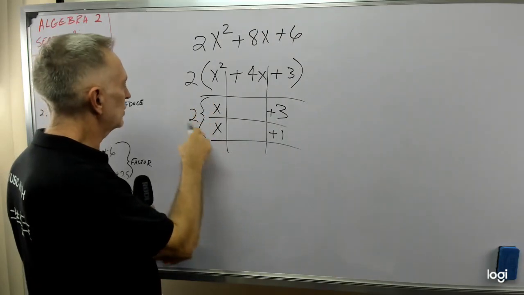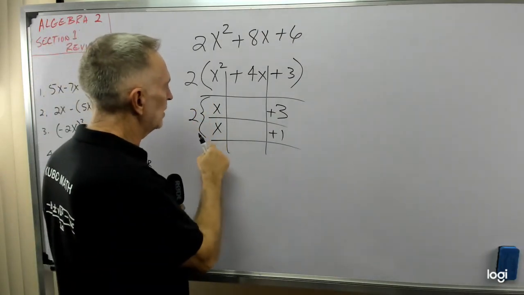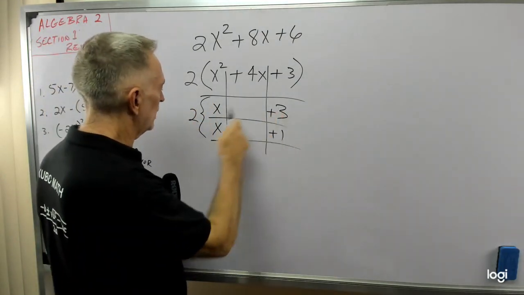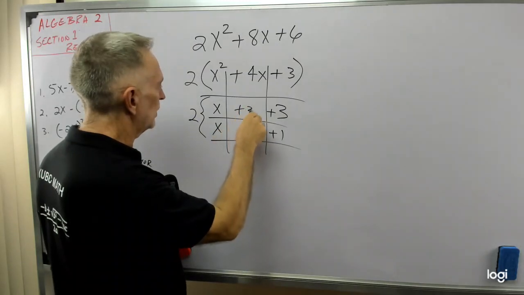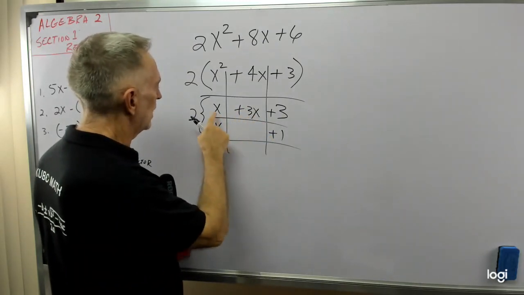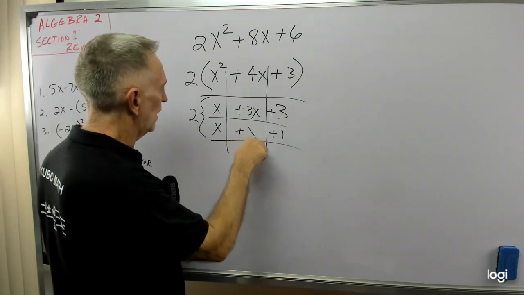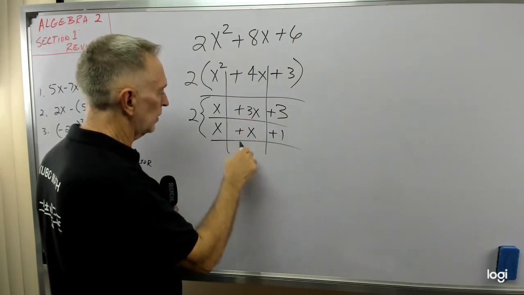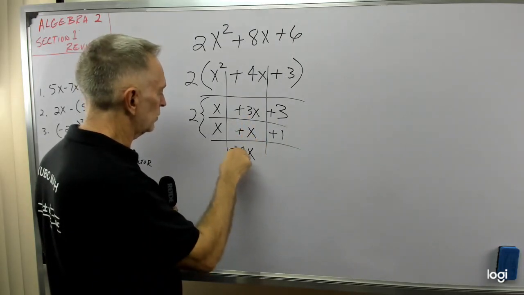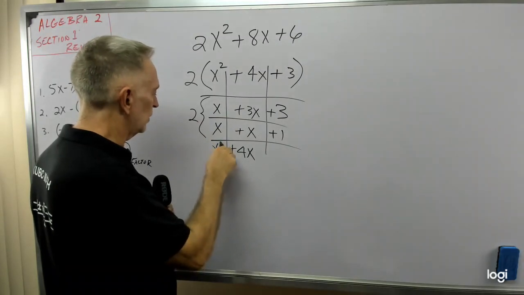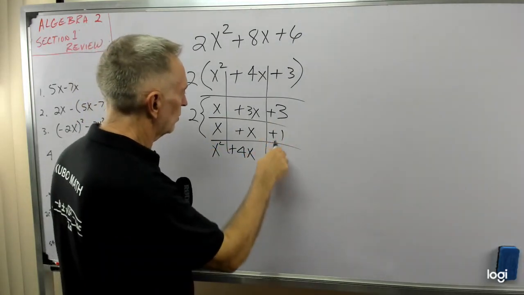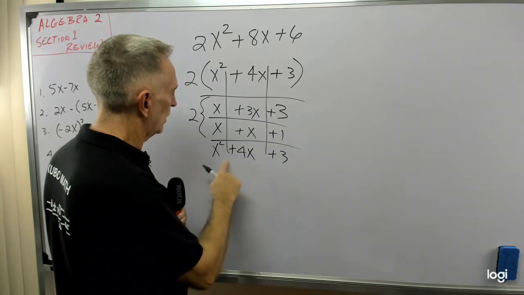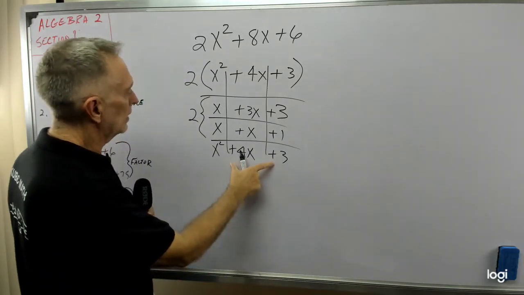Recall my 2 is outside here. So 3 times x is a positive 3x. 1 times x is a positive x. 3x plus x is a positive 4x. X times x is x to the second power. 3 times 1 is positive 3. So that's what I needed to give me this.